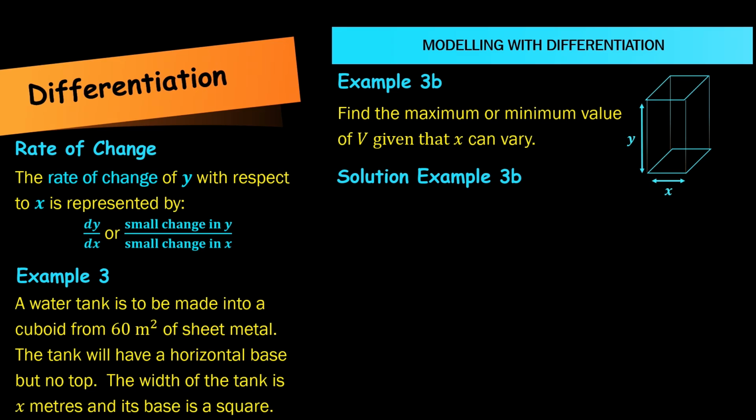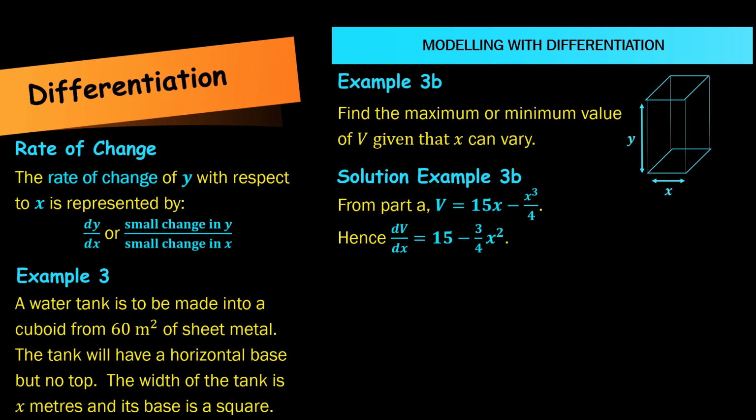Now let's have a go at part B. We are required to find the maximum or minimum value of V given that x can vary. So remember from part A we had that V equals 15x minus x cubed over 4. If we differentiate this, we can now proceed to try and find a maximum or minimum value.